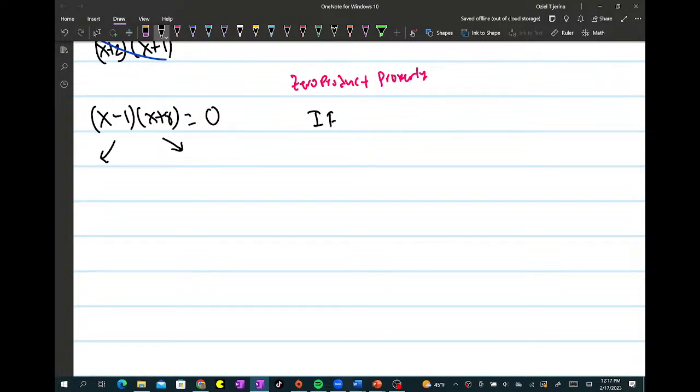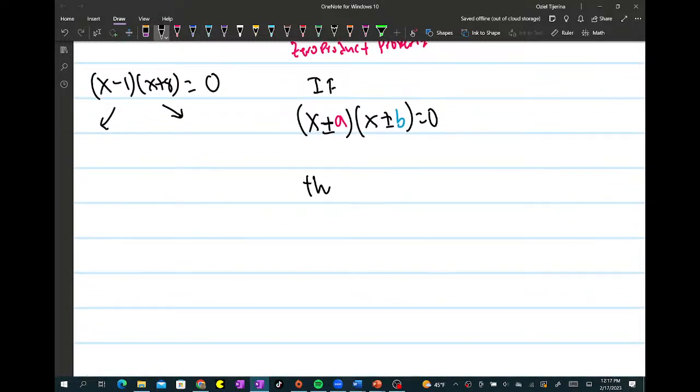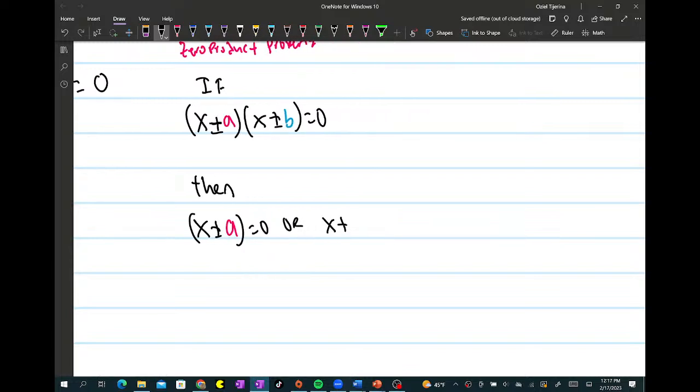If x plus or minus a times x plus or minus b equals 0, then x plus or minus a equals 0, or x plus or minus b equals 0.